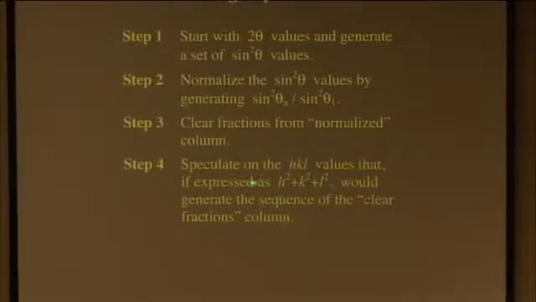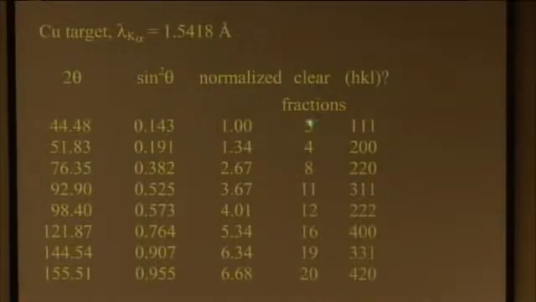What's it say next? Speculate on the HKL values that, if expressed as h squared plus k squared plus L squared, would generate the sequence of the clear fractions column. And then that's going to take me to the selection rule. So I say, well, how do I get 3? It's 1 plus 1 plus 1. 4 is 2 squared plus 0 squared plus 0 squared. 8 is 2 squared plus 2 squared plus 0 squared.